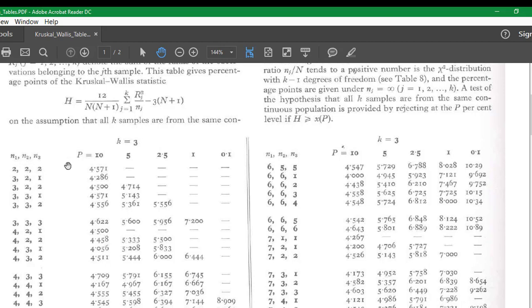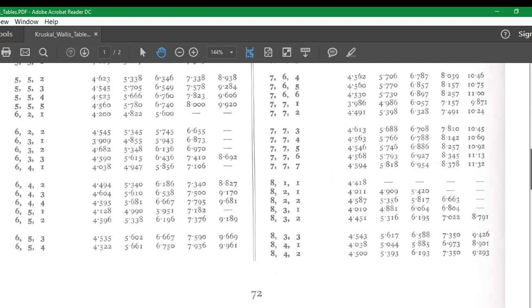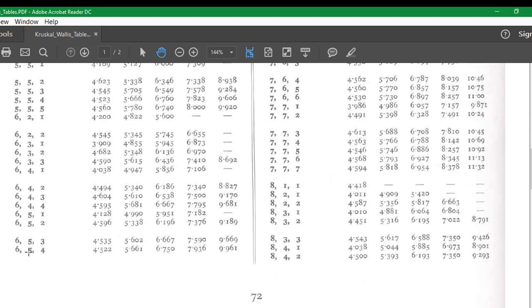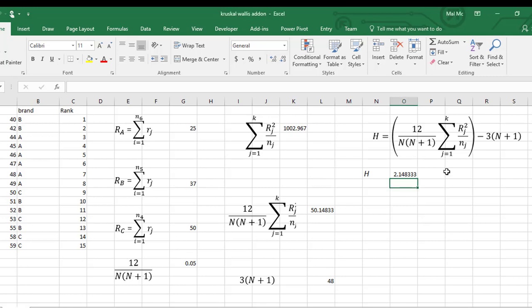So we need to look for 6, 5, and 4, and then we go across to the 5% level. Now we'll go down, and here we have 6, 5, and 4, and go across. We see that this is 5.661.